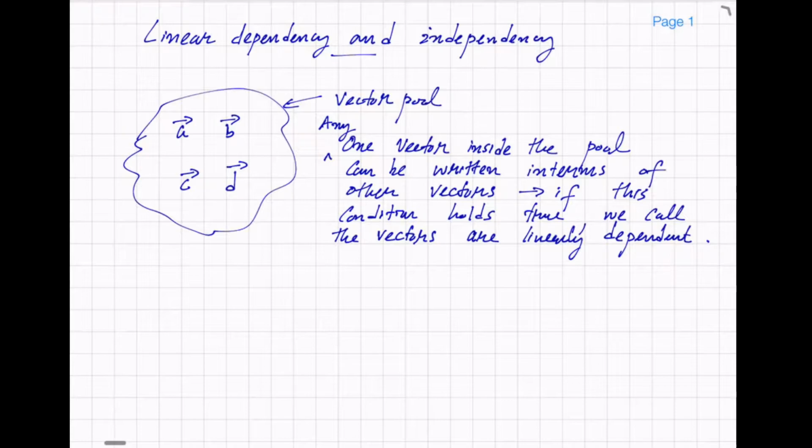So now if I get an example, here I'm saying any one vector inside the pool can be written in terms of other vectors. So for example, A vector should be written in terms of other vectors. So I could say k1 B vector plus k2 C vector plus k3 D vector. If this is satisfied, we call it linearly dependent. Why linearly dependent?